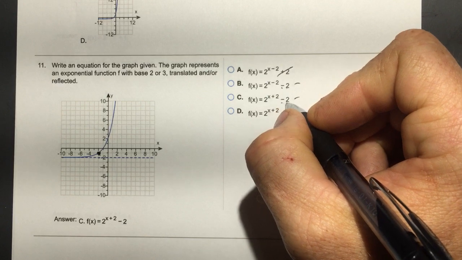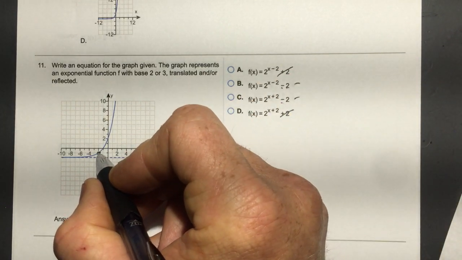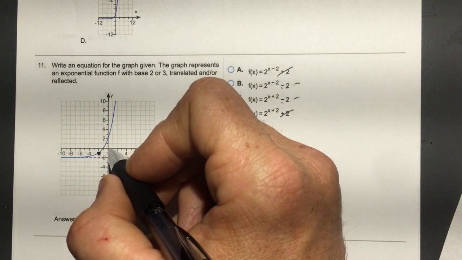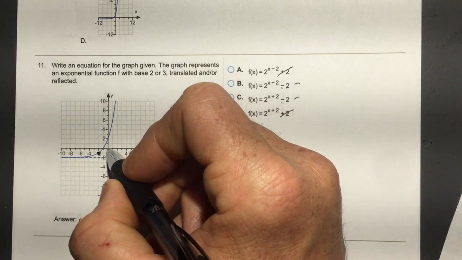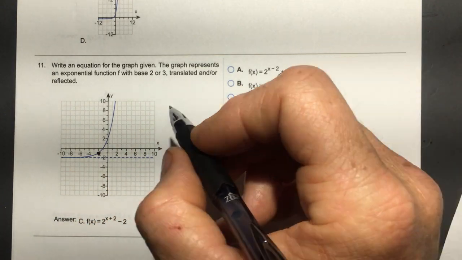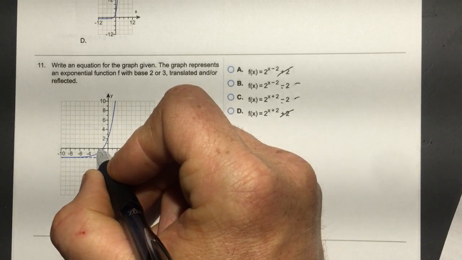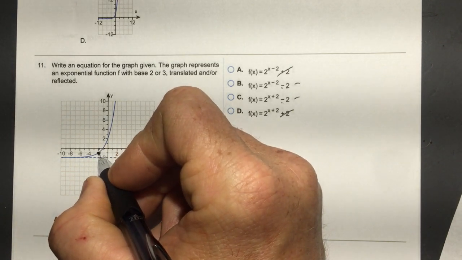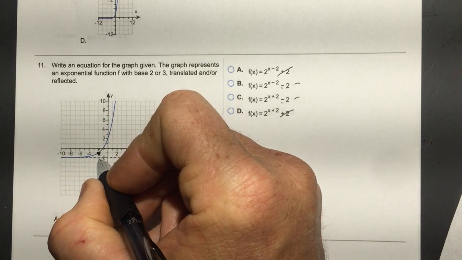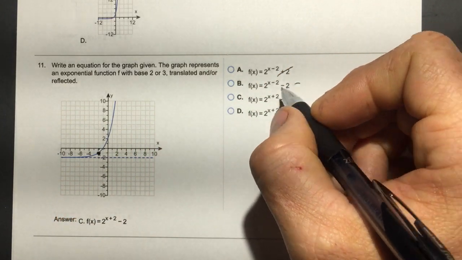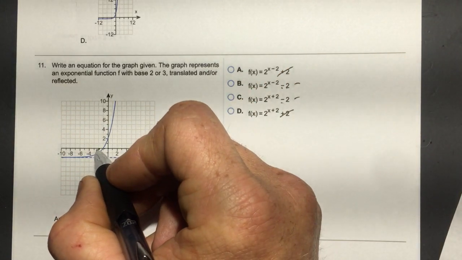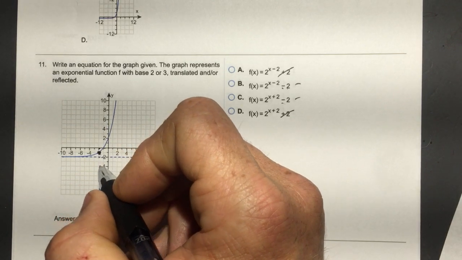See, -2, -2. But now this point right here, okay, I'm sorry, it's going back to the left 2, okay, and my asymptote has gone down 2, which means it's these two. So this has gone to the left 2, which means I should have the opposite of that.